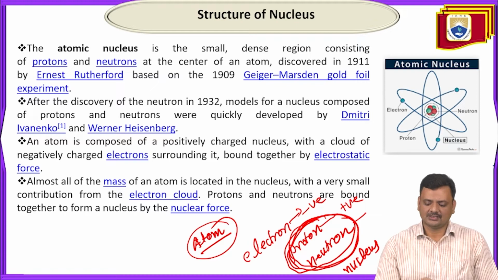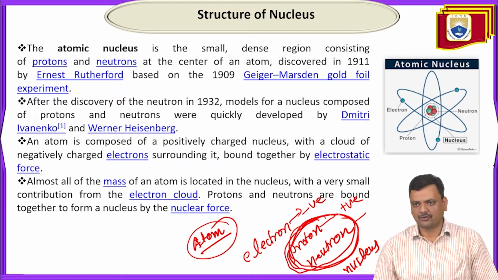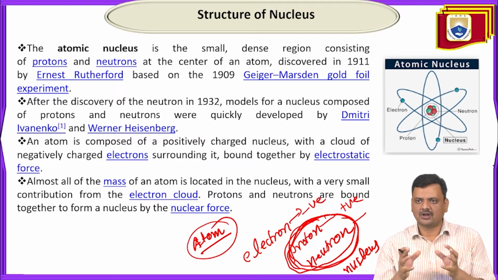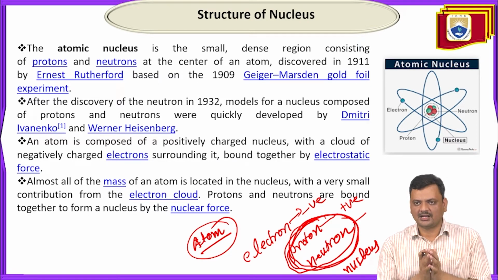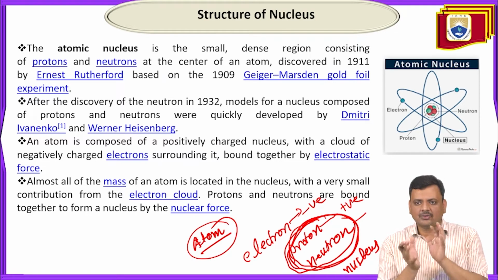Here the electron is negative charge, and the nucleus contains protons which have a positive charge. So they attract each other so that they can create a bound structure.